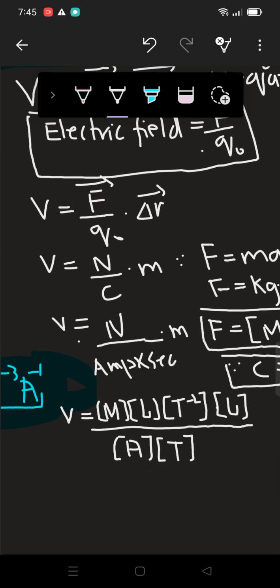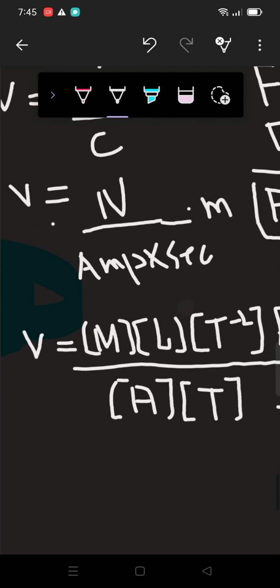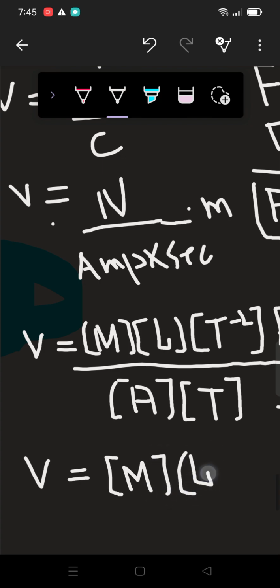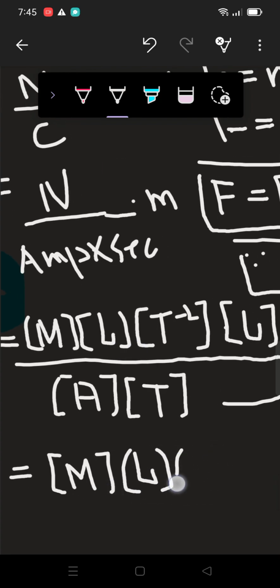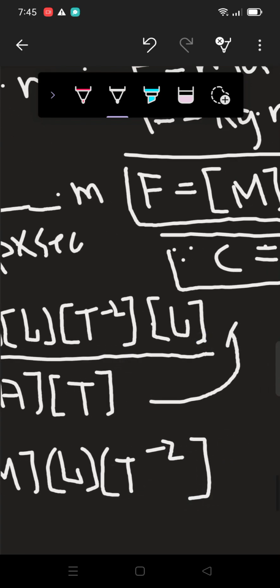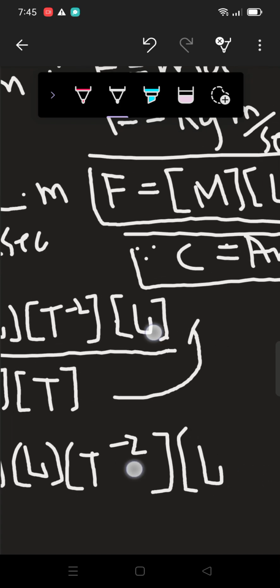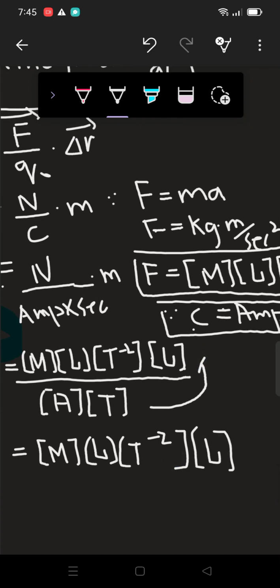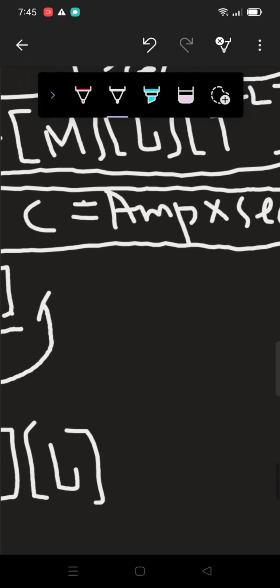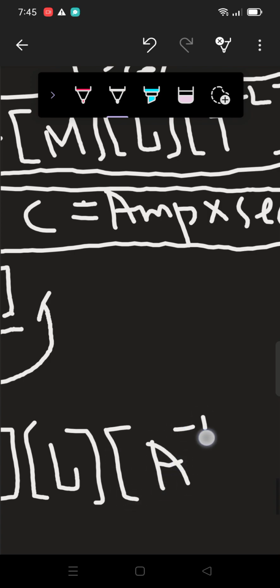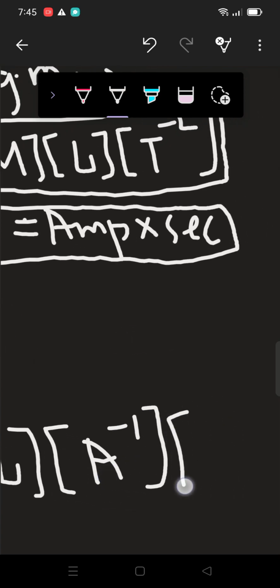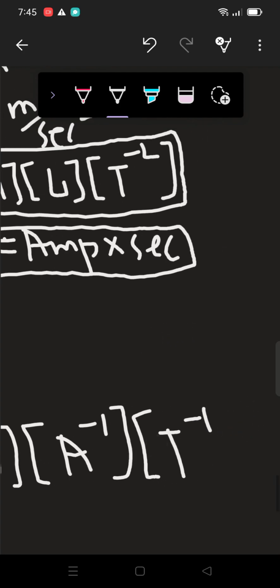Now we need to take these both up, which means they both will get a minus sign. So V is equal to M L T minus 2, same as I'm writing this, right? L. Now I'm just going to take these up, they're going to have a minus sign, so A minus 1 and T of course with minus 1, right?